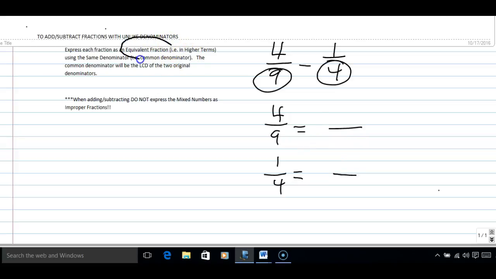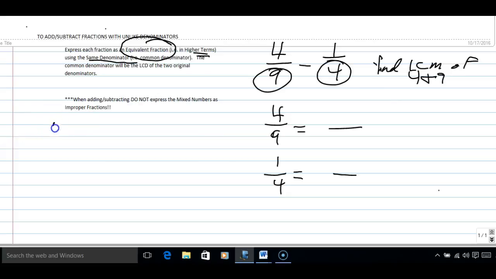So I've got to rewrite 4/9 and 1/4 as equivalent fractions, which means I'm going to write them in higher terms. But I've got to rewrite them in higher terms using the same denominator. So our common denominator will be the LCM of 4 and 9. So the first thing I need to do is find the LCM of 4 and 9.